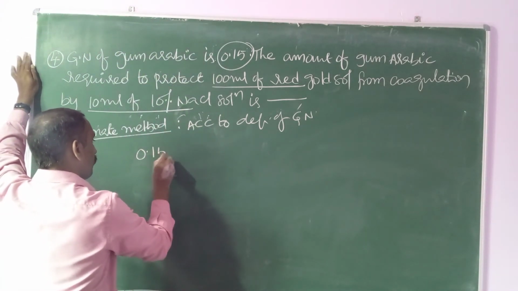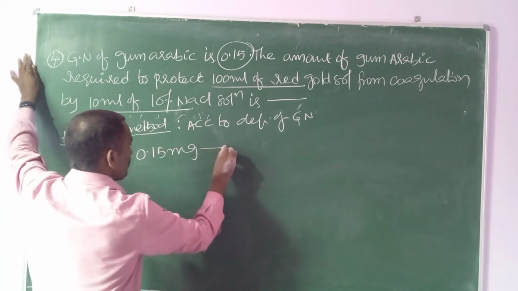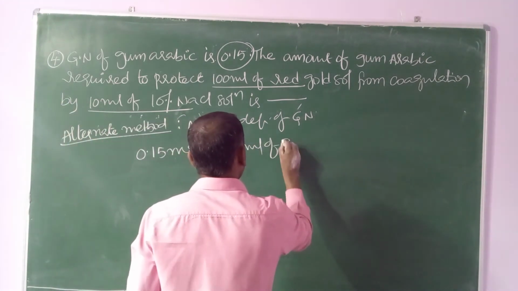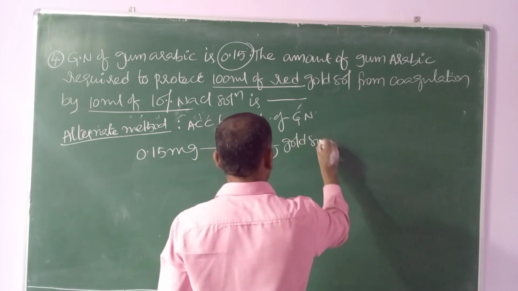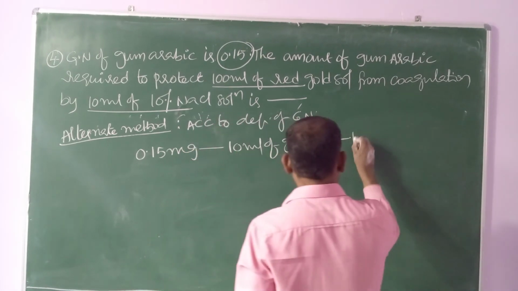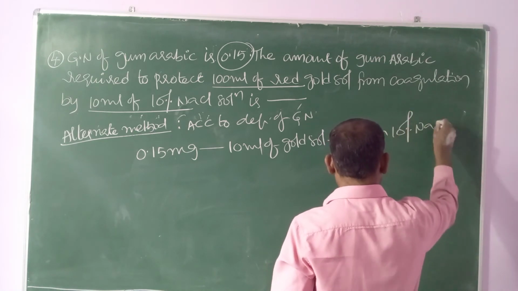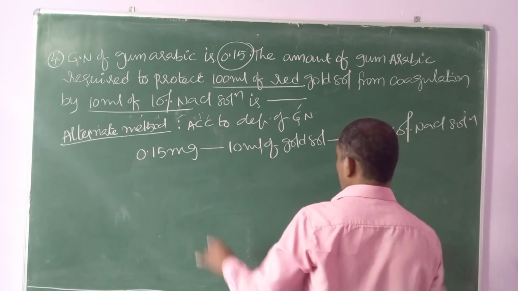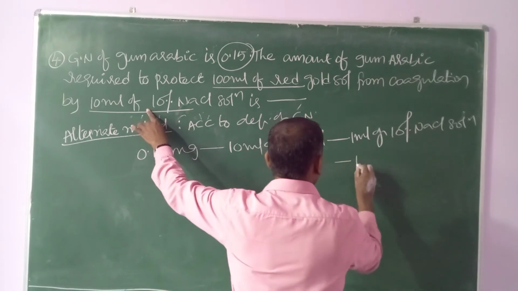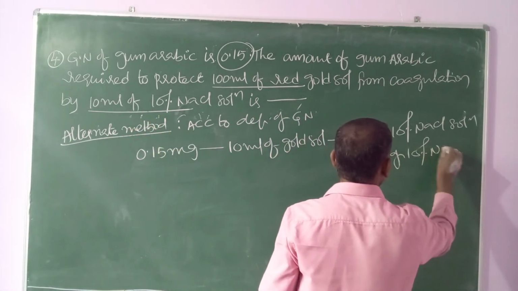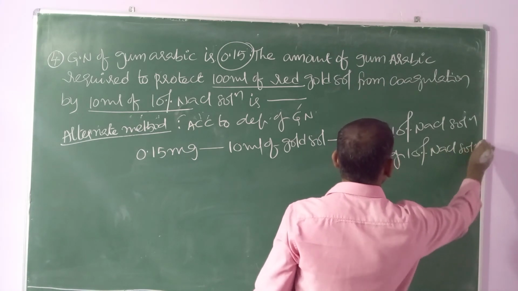Therefore 0.15 milligrams is added to 10 ml of gold sol and 1 ml of 10% NaCl solution. Here how much they given? 10 ml of 10% NaCl solution they given.